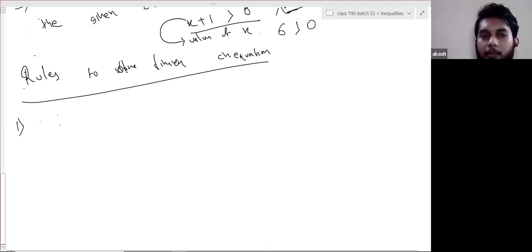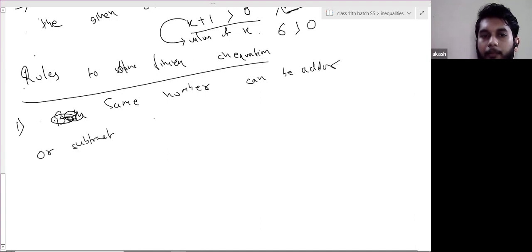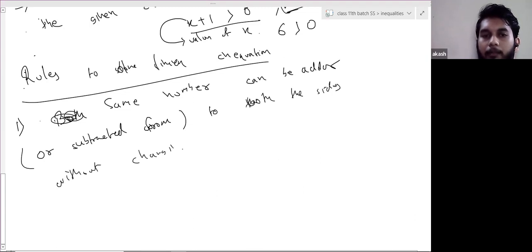So let me just repeat again: the same number can be added or subtracted to both the sides without changing the sign of the inequation.